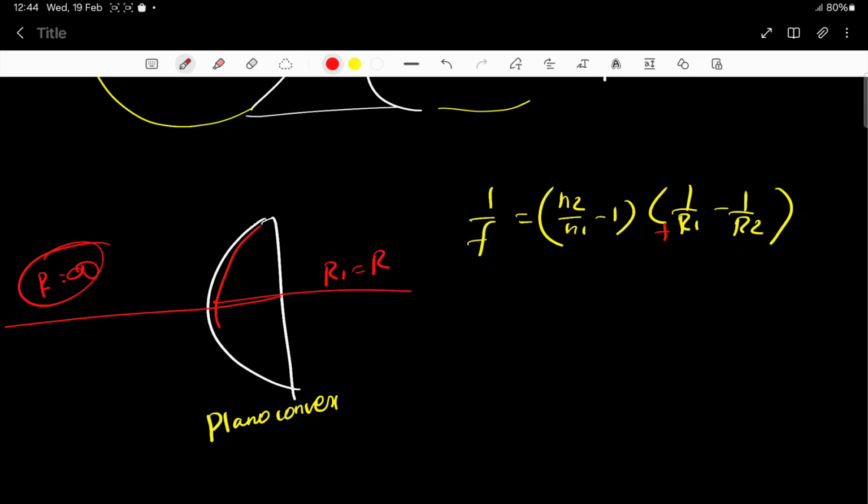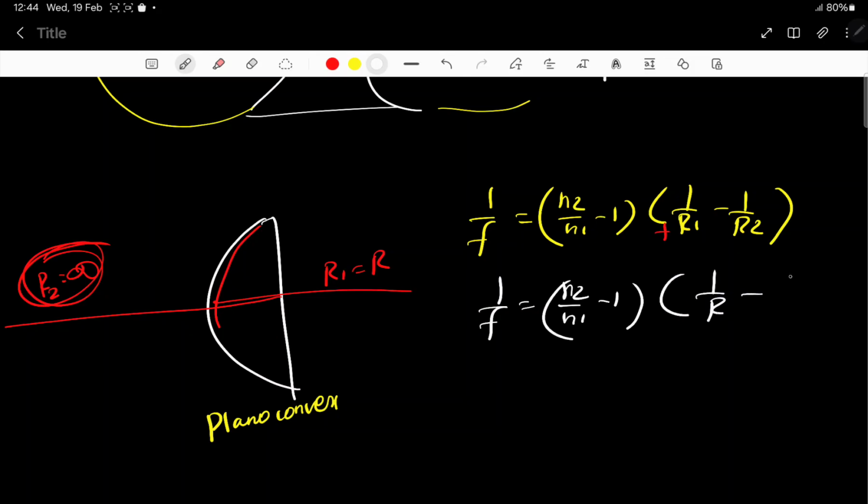For example, the Earth has a very large radius, so locally it appears flat. The same assumption applies. So R2 is infinite. Then 1 by F equal to (N2 by N1 minus 1) times (1 by R minus 1 by infinity). 1 by infinity is 0. So I get this expression, which is the formula for the plano-convex lens.